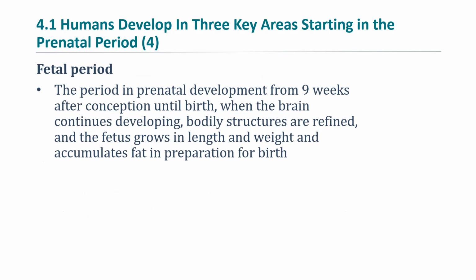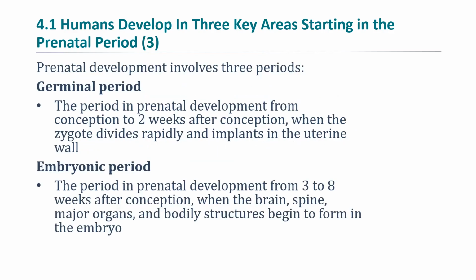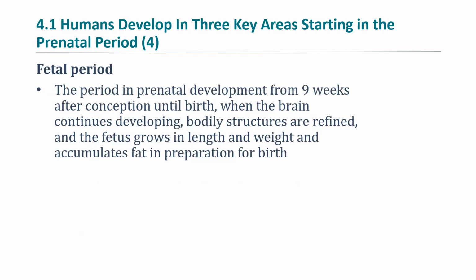This has been nicknamed the finishing and fattening stage, because all of those bodily structures and the brain and the spine and the major organs that started developing in the embryonic period finish during the fetal period.